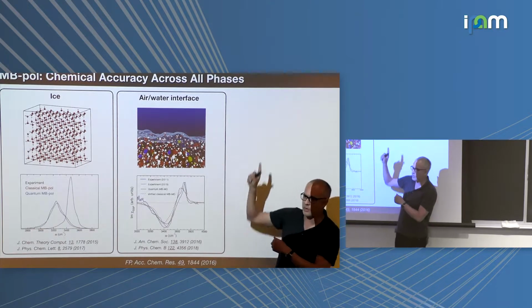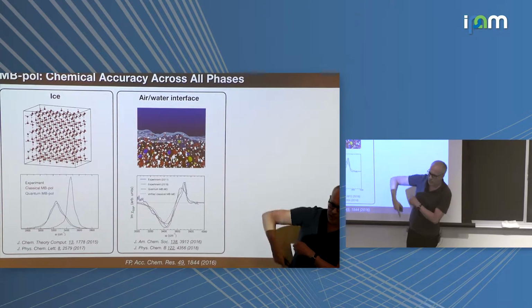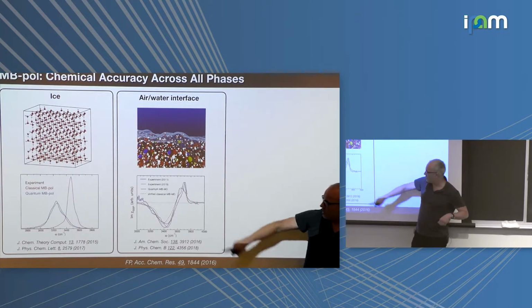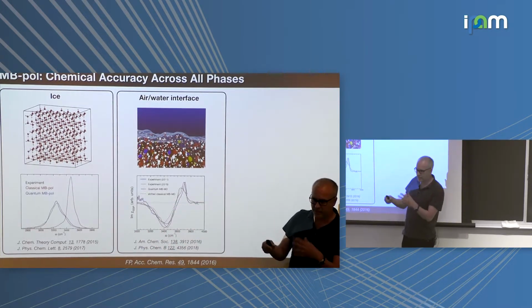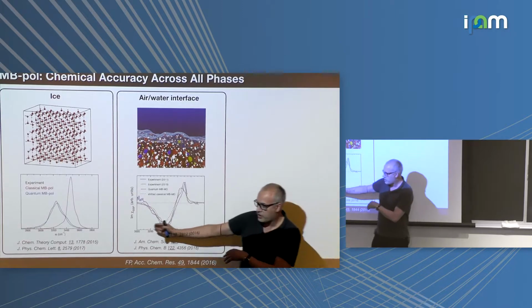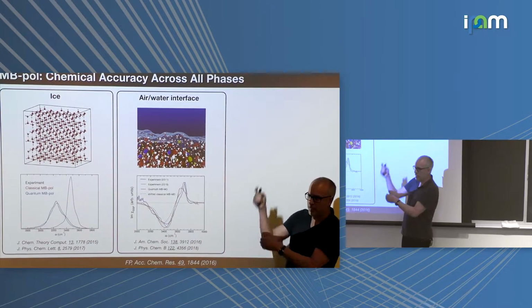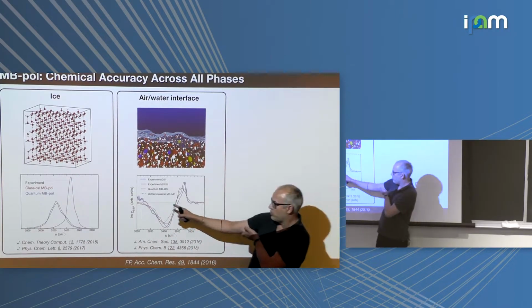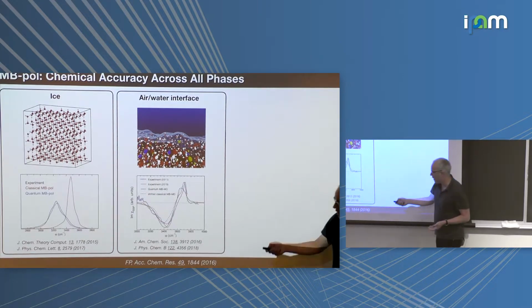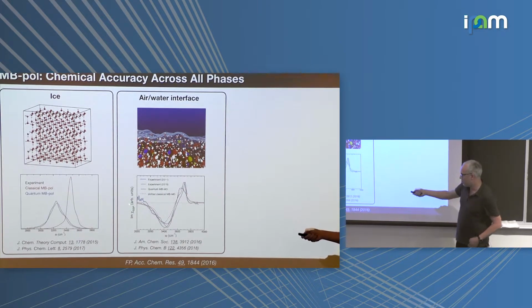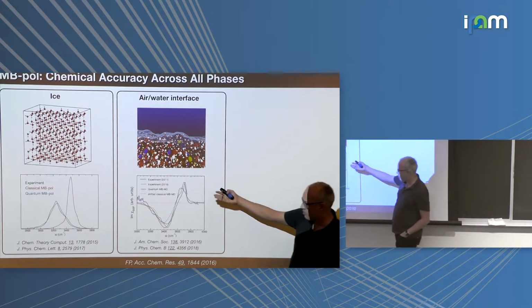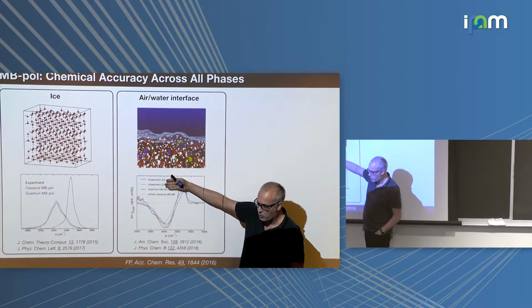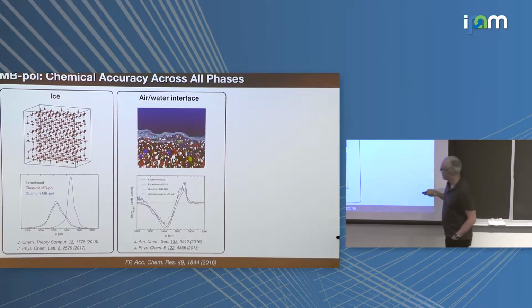A positive feature means that the waters are pointing up. A negative feature means they are pointing down. So a positive feature here at low frequency means that you have an ice-like structure, because it's very red-shifted, so strongly hydrogen bonded, but you are very close to the interface because you are pointing up. So that obviously was an artifact of the experiment, and you can see that our calculations in red have the same accuracy as the experimental measurements made by the same group in two different years.